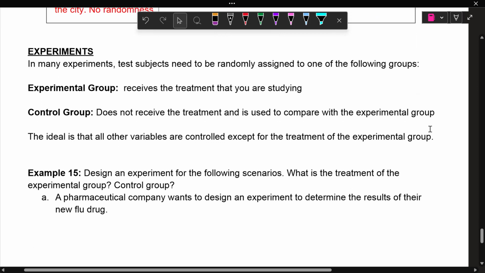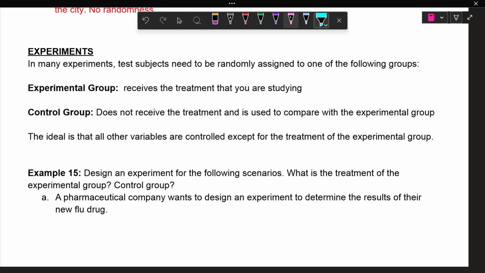Lastly, experiments. We talked about experiments earlier. Well, in an experiment, we have, for the most part, two groups. An experimental group that receives the treatment we're studying. This is the group that changes, that we give the new drug, or we give the actual medicine.